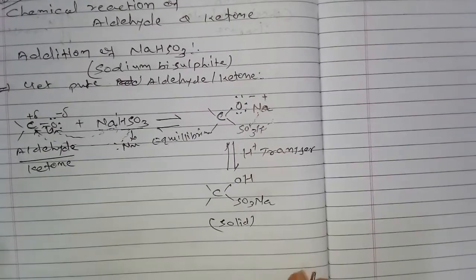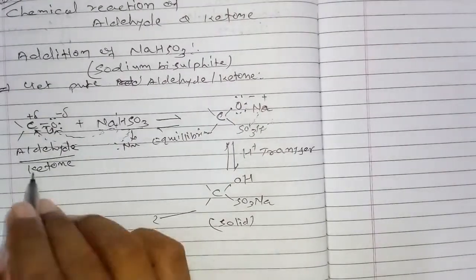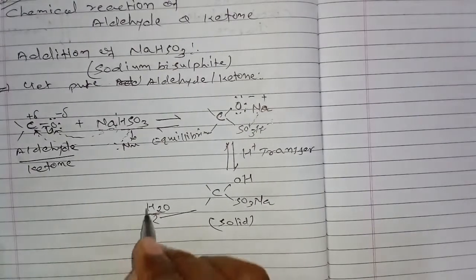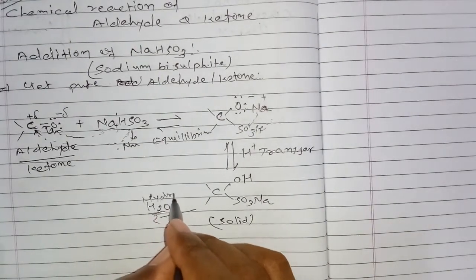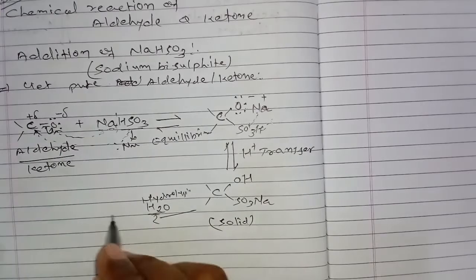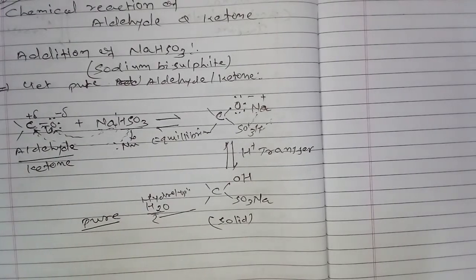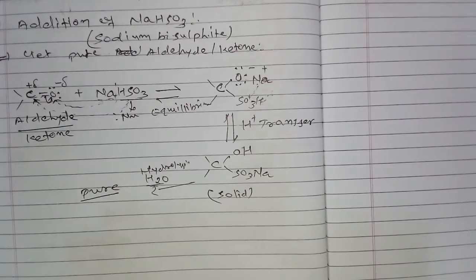So here, to get the pure form of aldehyde and ketone, hydrolysis is carried out, and the pure aldehyde or ketone is regained.